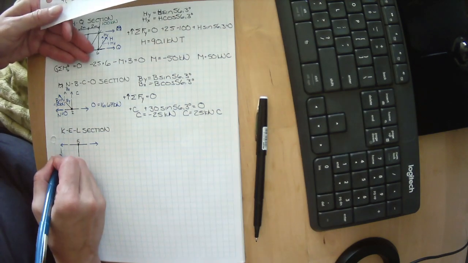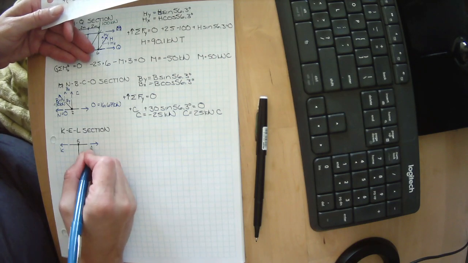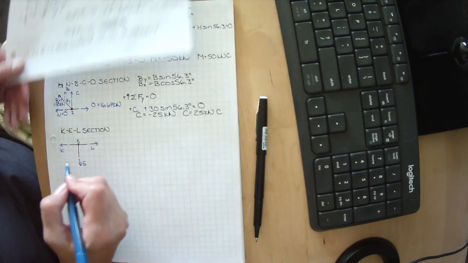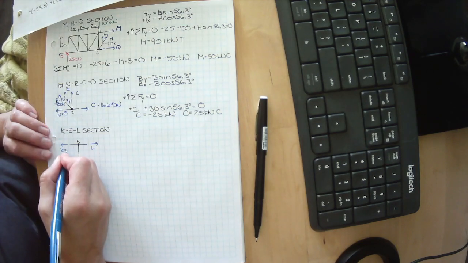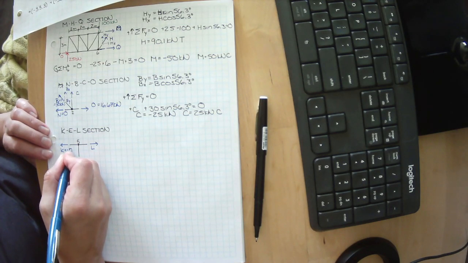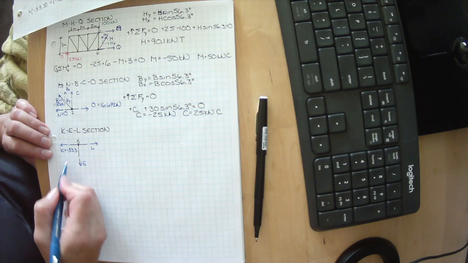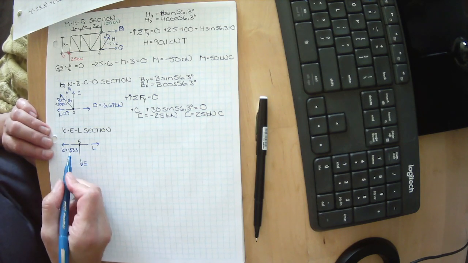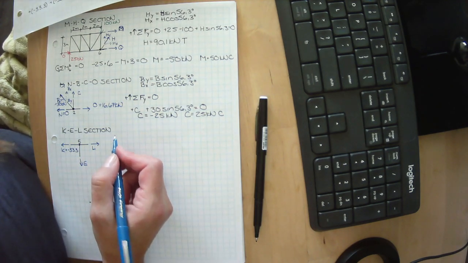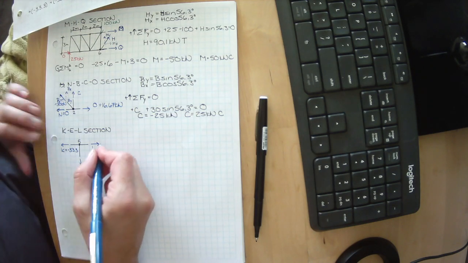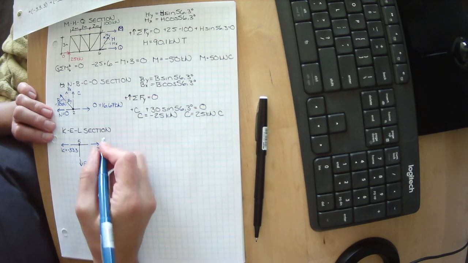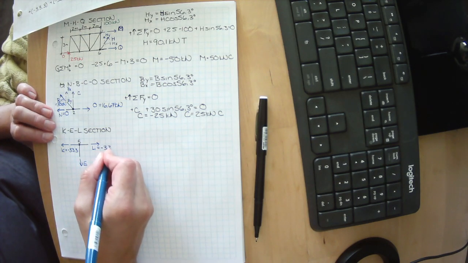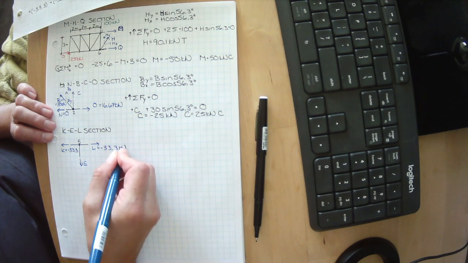And this was K, E, and L. K, we've already solved, is 33.3 kilonewtons in compression. So I'm going to indicate that that's actually going in the other direction with a negative value. L, we've already solved, is 33.3 kilonewtons in compression, so minus 33.3 kilonewtons.